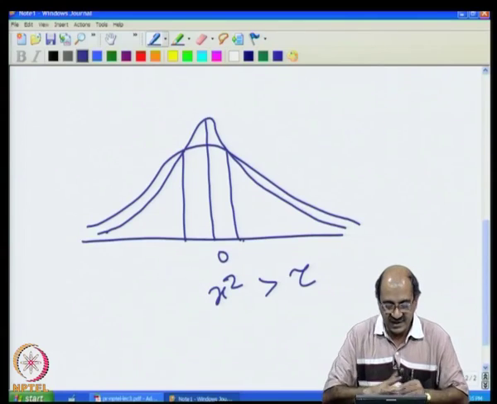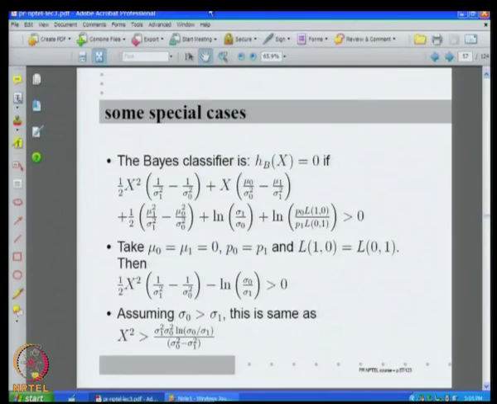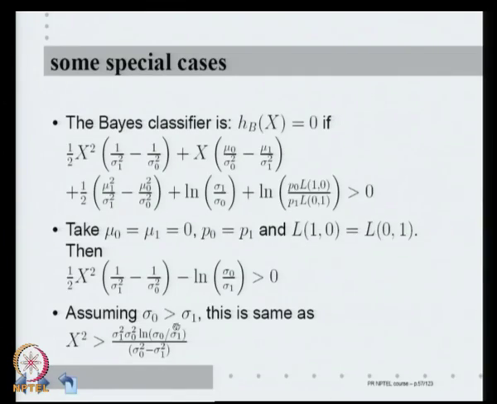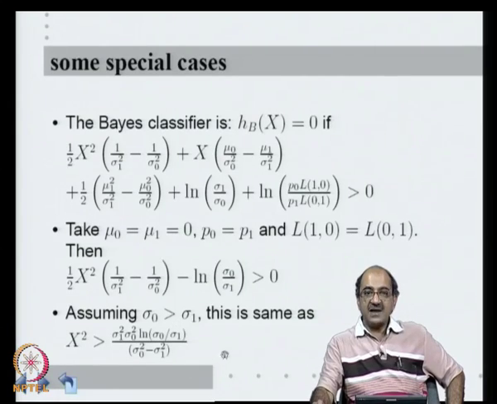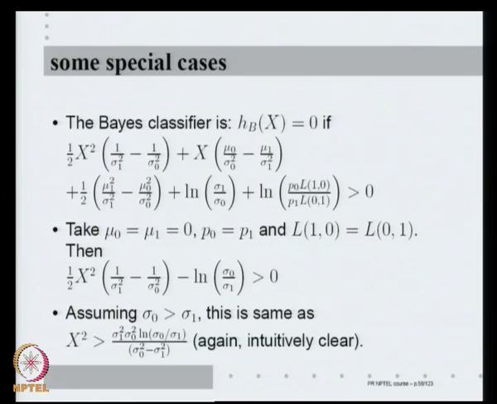Okay. That is exactly what we got. We are assuming sigma 0 is greater than sigma 1, so if x square is beyond something, then I put it in the larger variance class. So, once again an intuitively very clear case.